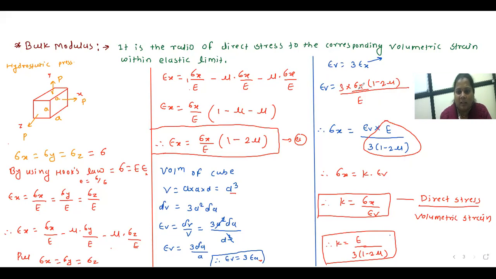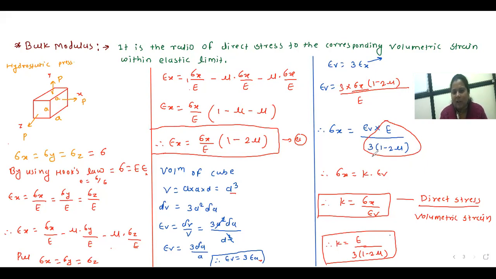So sigma x is equal to epsilon v into E; this E is in the denominator, so it will shift to the numerator, so epsilon v into E, and this whole term will go to the denominator, so 3 into 1 minus 2 mu.